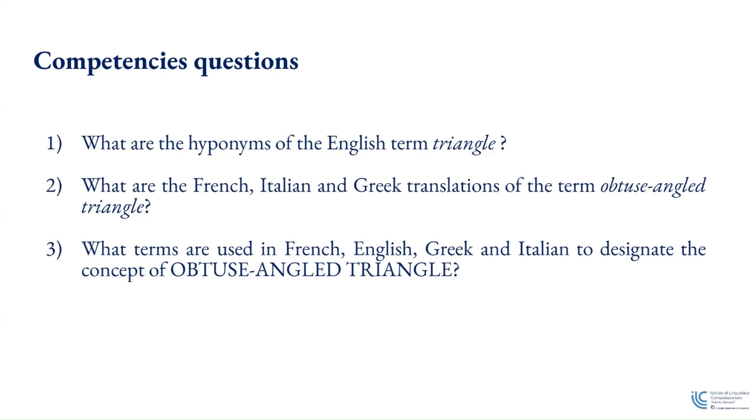And then we have, for example, trilateral figure. Figure is the hypernym of trilateral figure because its sense is broader. And trilateral figure is the hyponym of figure because this sense is narrower. So the hypernym is the broader sense, the hyponym is the narrower sense.